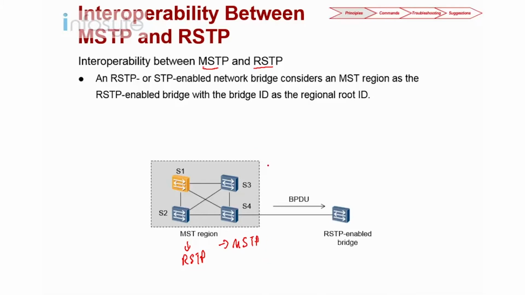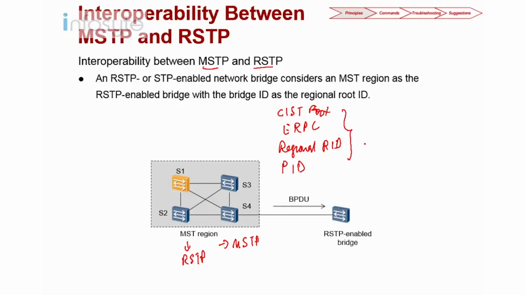So let's examine what BPDU is being sent from MST to RSTP. First, when we examine the BPDU on MSTP, we have our CIST root. Okay, if you still remember, that's our common and internal spanning tree. We also have the external root path cost. Then we have our regional root ID, and we definitely have our port ID.